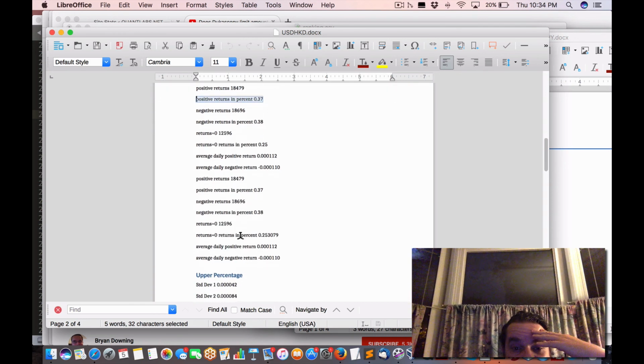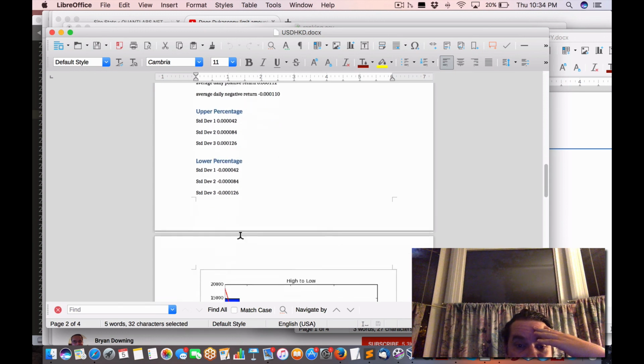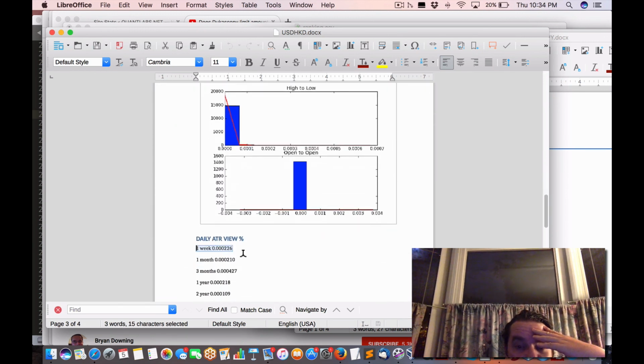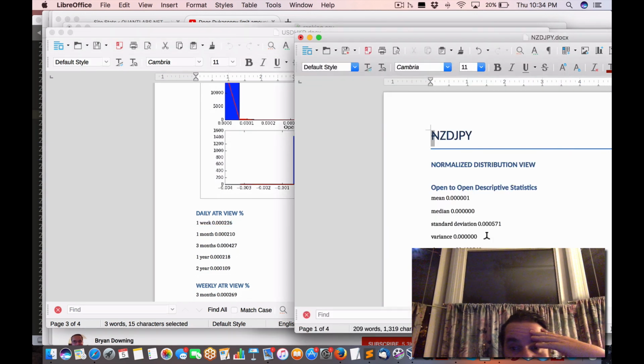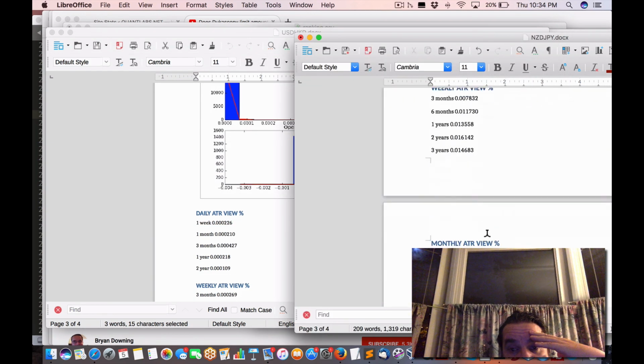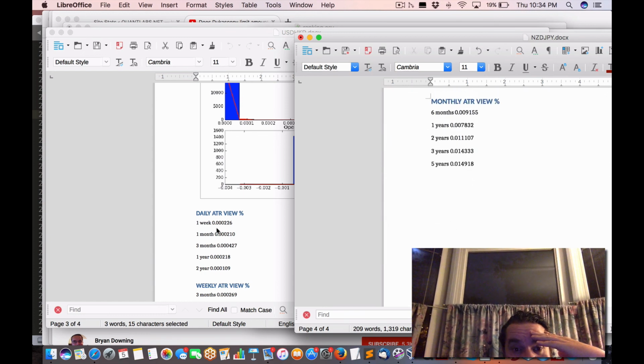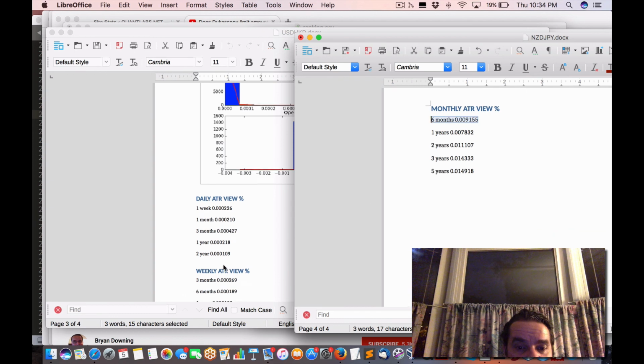And let's see the weekly. Yeah, the daily is fairly low compared to the New Zealand Japanese yen. So you can see here again, 2 zeros, so it's almost 1%. 6-month view. Well, hang on, that's a monthly.